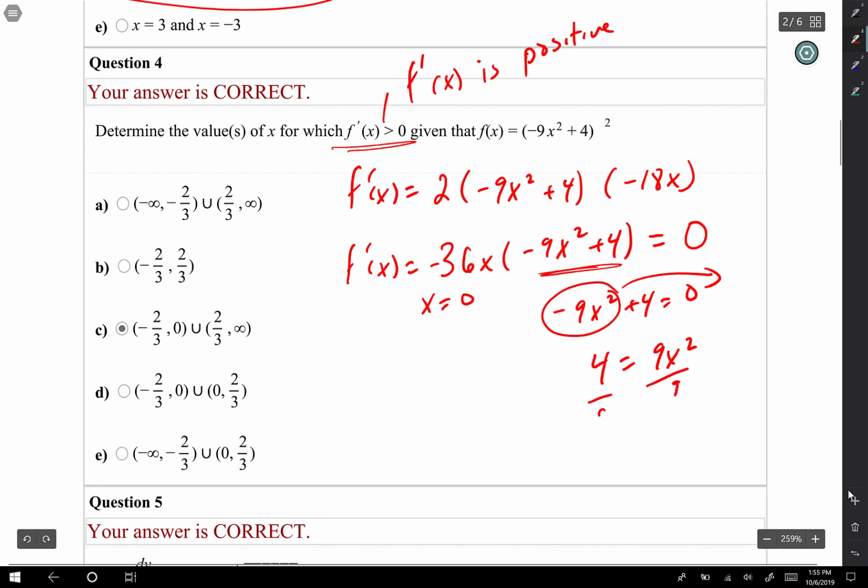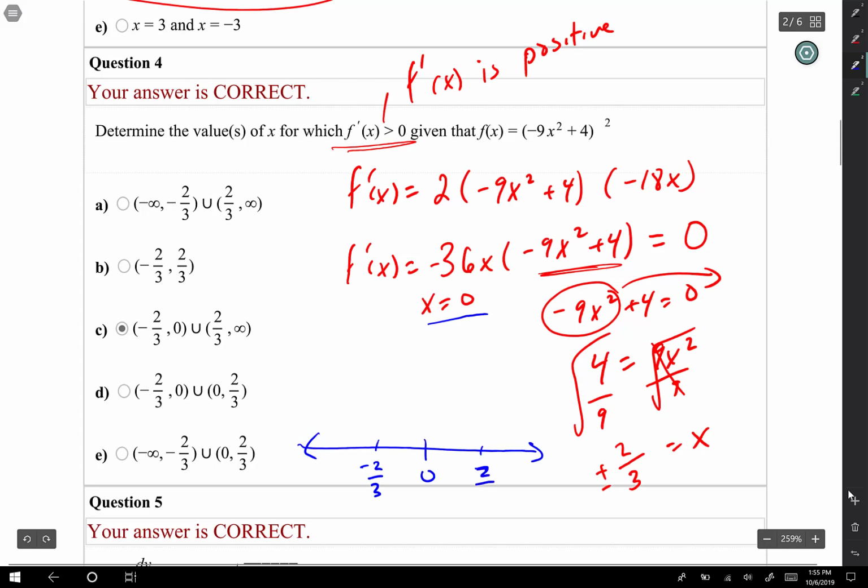Divide by 9, divide by 9. And then you take the square root, and you get plus minus 2 over 3 equals x. So then I do railroad tracks. Here are my railroad tracks. And I'm going to plug in 0 and then plus minus 2/3. So here's 0, negative 2/3, positive 2/3.